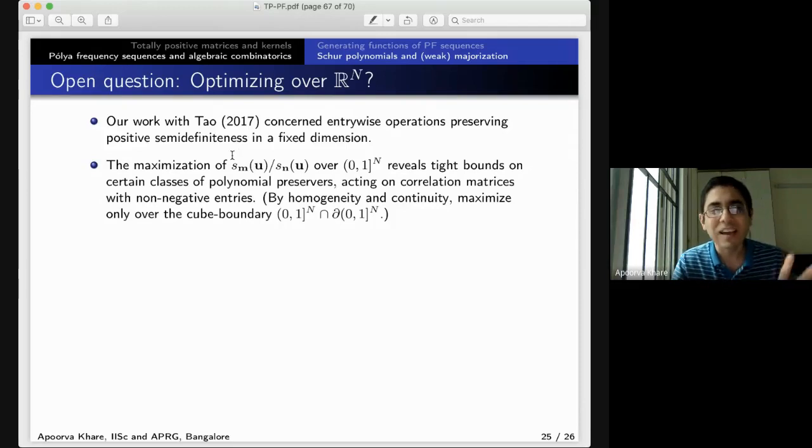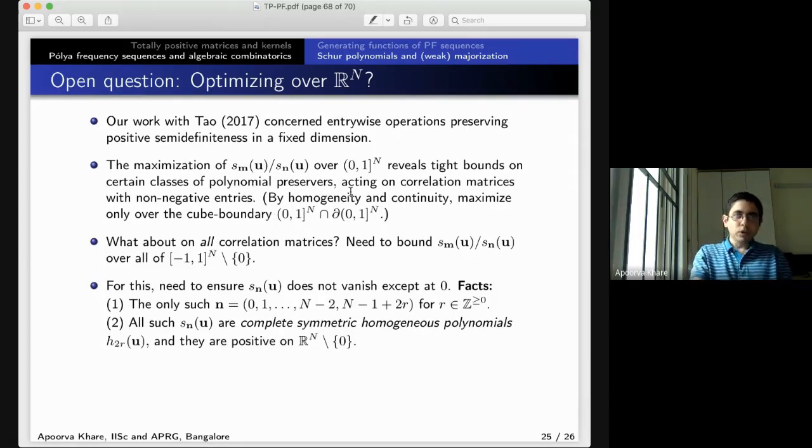And the desirable condition is to maximize this over the positive orthant bounded by a cube. Because Schur polynomials are homogeneous, and these m's always dominate the n's, by homogeneity it's enough to work on the boundary of that cube. You don't need to work in the interior, just on the boundary of the cube inside the positive orthant.